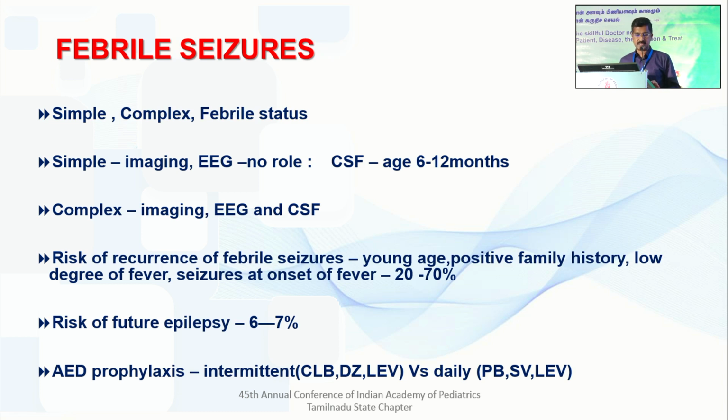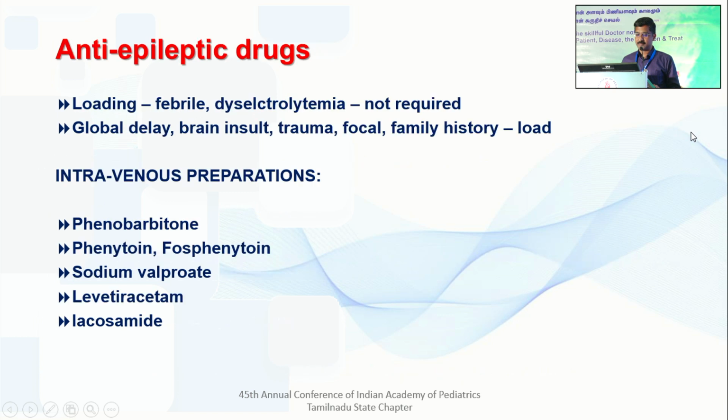So AED prophylaxis is intermittent, either with clobazam, or daily prophylaxis. If it is less than 2 years, you can use either phenobarbital or levetiracetam, or if it is more than 2 years, sodium valproate.